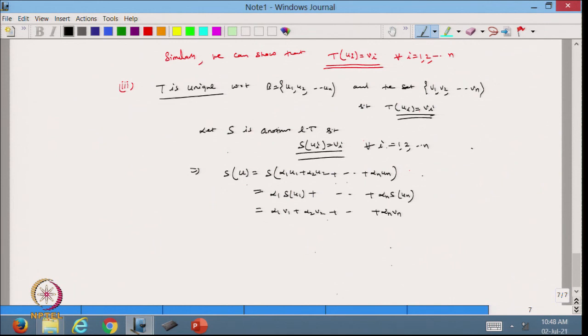This is what we have defined here. Now, if you see from here, this is equal to T of u, and this is true for all u, which implies that S will be equal to T, because this is true for all u. Whatever we have taken gives that S u is equal to T u for all u. So, from here I can say that S is equal to T, and that gives that T is unique.